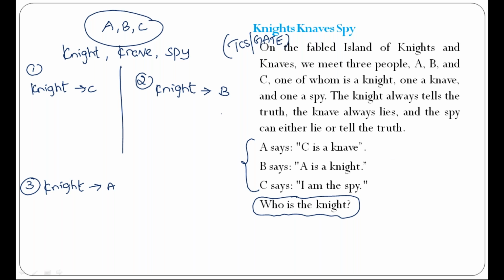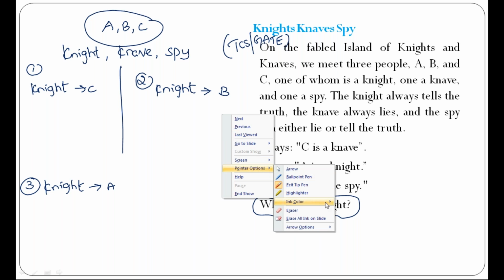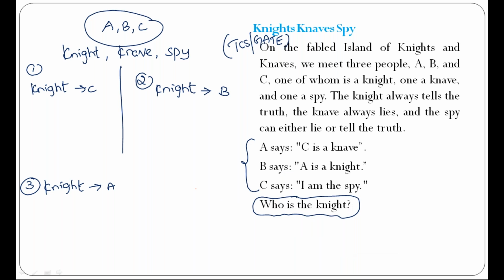What is a knight? Knight is the person who always speaks true. If C is knight, the statement given by C must be correct. What is the statement given by C? I am spy.